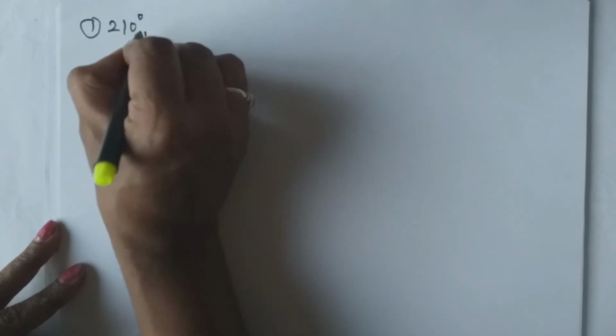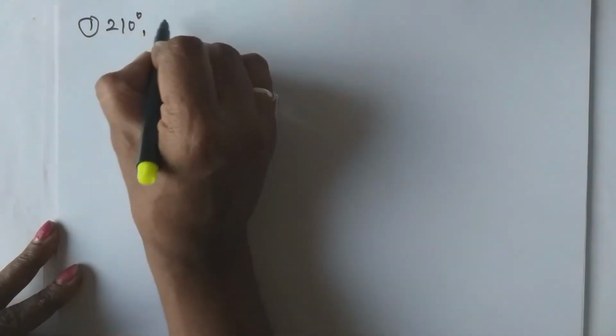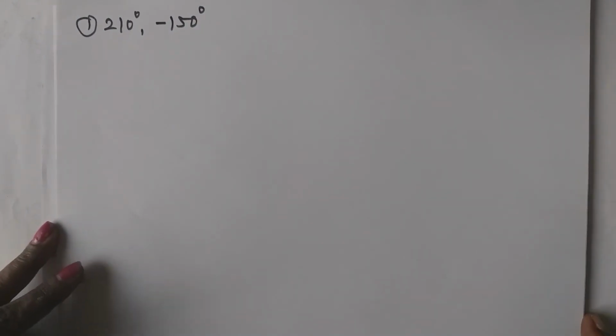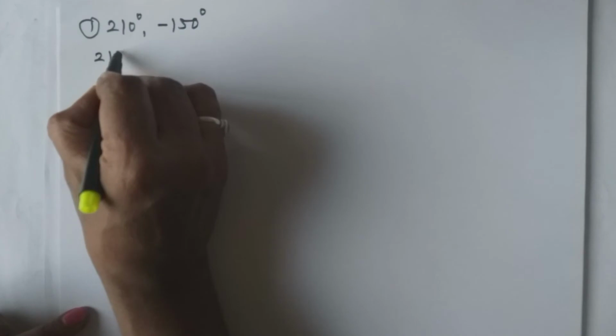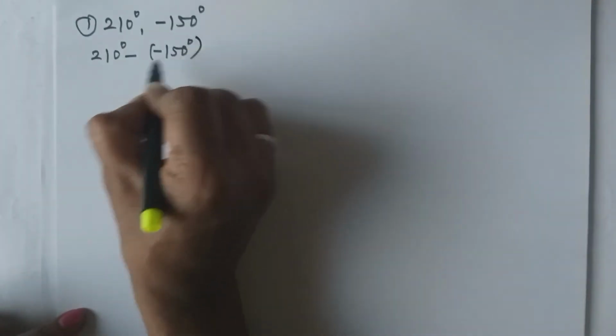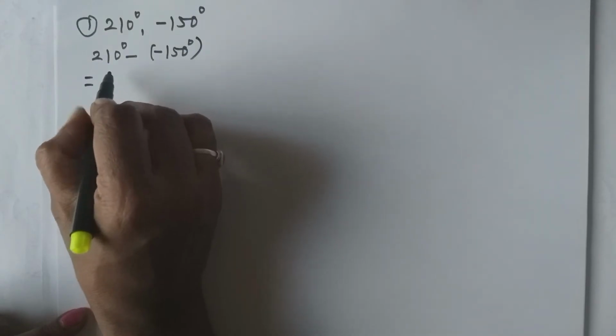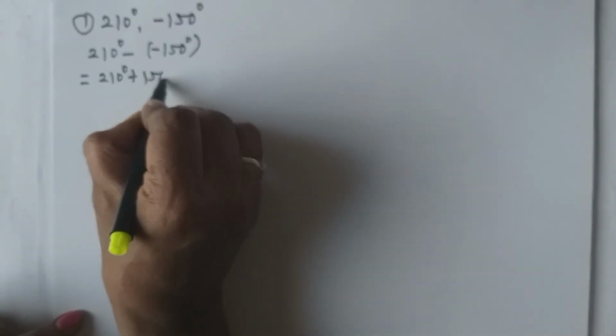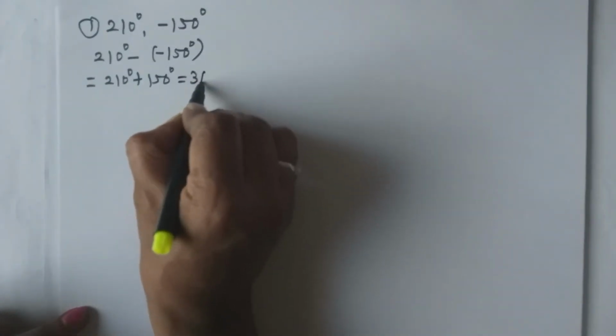Verify whether the following angles are coterminal or not. The angles given are 210 degree and minus 150 degree. We have to check whether this pair of angles is coterminal or not. Take the difference 210 minus of minus 150, and if I take this, then this will be 210 plus 150, that is 360 degree.